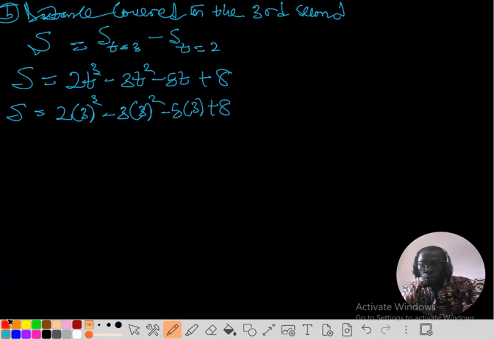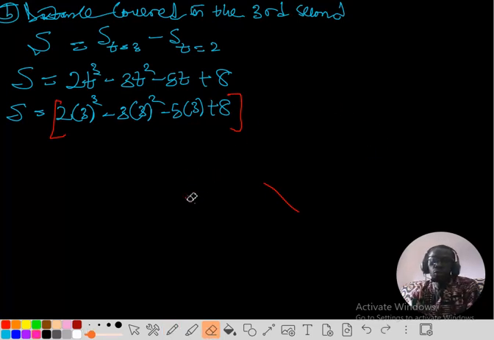Call this the first equation. Then minus x when t is 2.